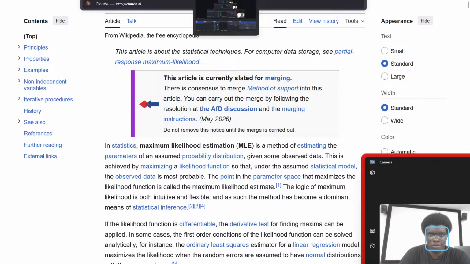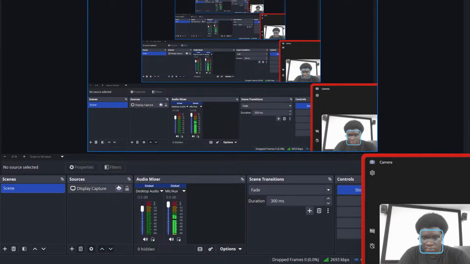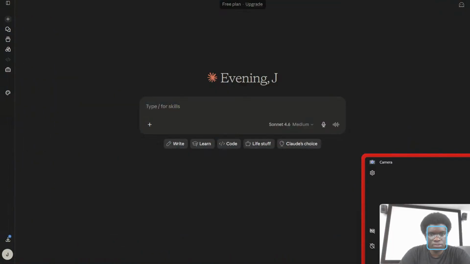I'm going to turn off the screen while I log in. Okay, screen back on.